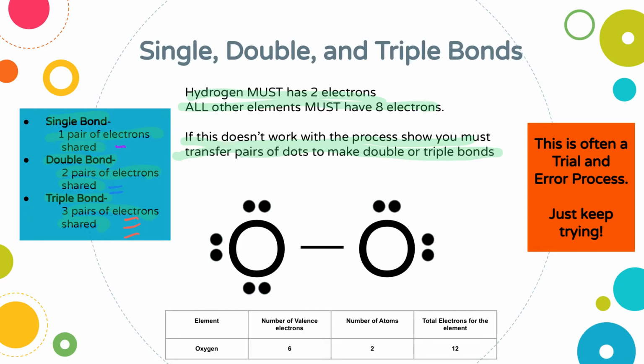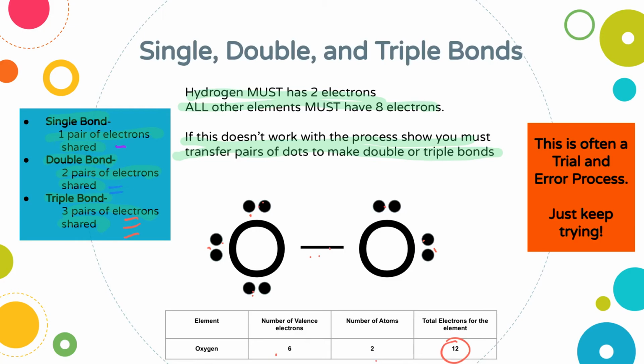For oxygen bonded to oxygen, diatomic oxygen, we have a total of 12 electrons, because there are 6 valence electrons on each oxygen and 2 oxygen atoms, so 2 times 6 is 12. Let's count: 2, 4, 6, 8, 10, 12. But look, this oxygen has only 6 electrons around it when it needs 8, while this one has 8.